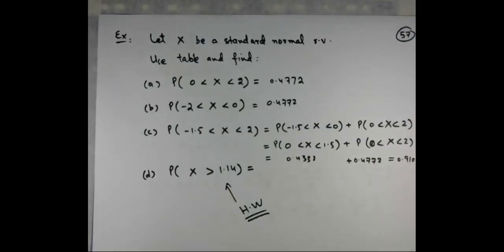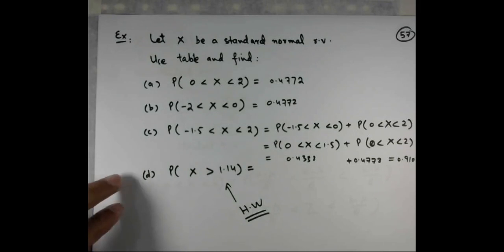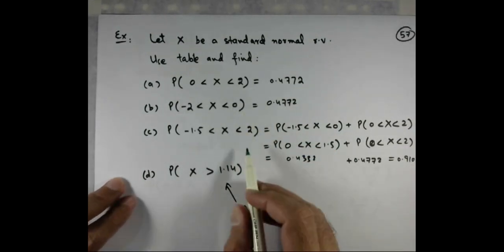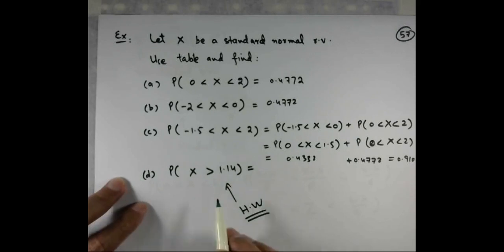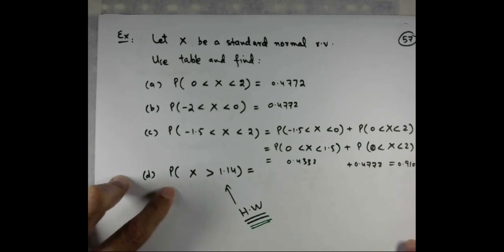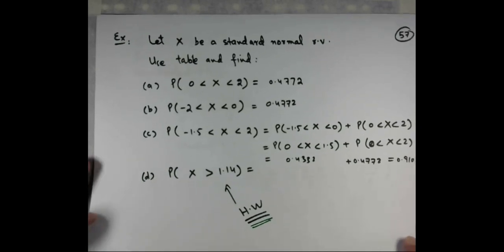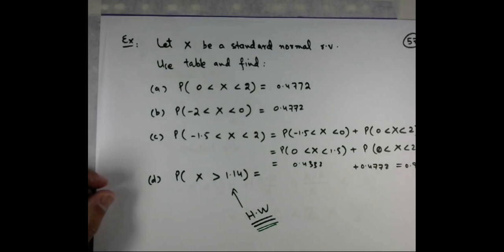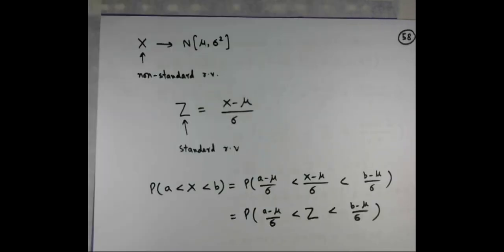So we discussed how to calculate the probabilities of meaningful intervals using the table, and we did this example where we solved these 3 parts, and I left this part as homework for you guys. You must think about this. This will increase your understanding of the Gaussian distribution, and how to utilize the table.